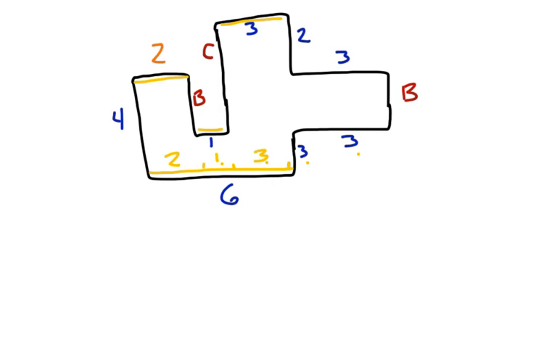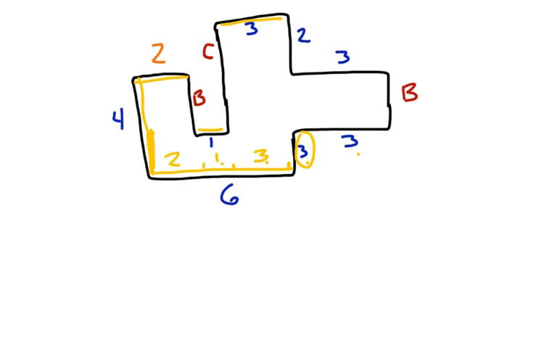Now let's see if we can figure out side B. When I want to figure out side B, one of the ways I could do that is, well, if I look right here, that has a height of 4. And according to this little 3 right over there, this much of it is equal to 3.